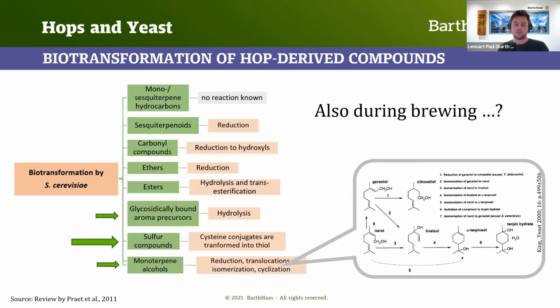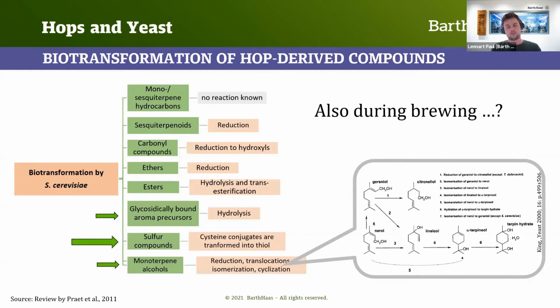The sulfur compounds are mostly cysteine-conjugated and transformed into thiols. Probably you know all of them. The pathway for the monoterpene alcohols, like reduction, translocation, isomerization, or cyclization, as shown on the right, is pretty well known so far.